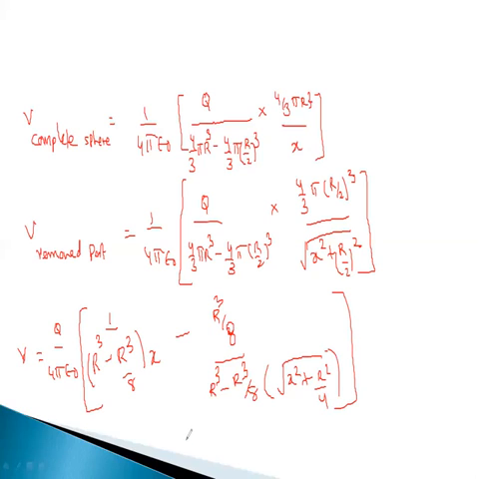And R cube also will get cancelled here. So simply you can write 1 minus 1 by 8, and here also R cube will get cancelled.